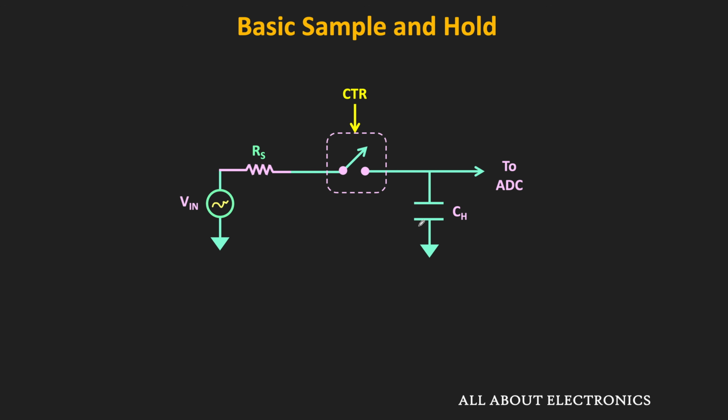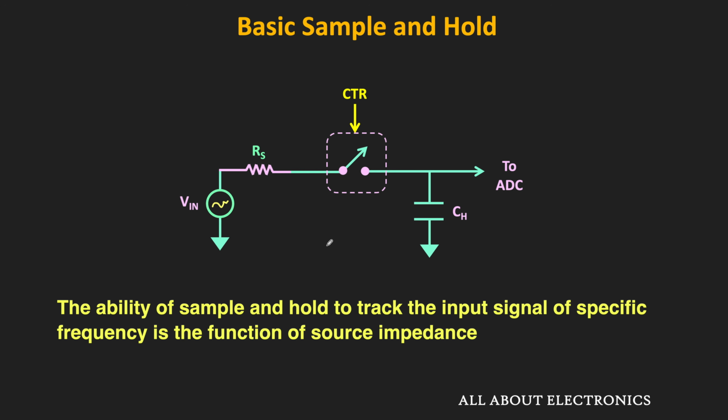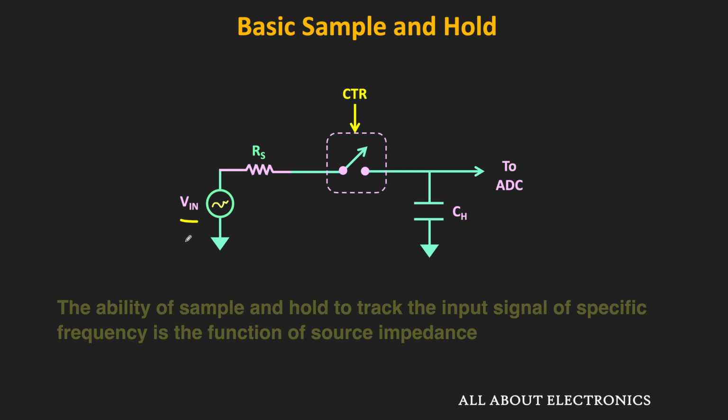With a fixed value of the hold capacitor, that depends on the source impedance of the input signal. For some input, if the source impedance is higher, then the RC time constant will increase. In that case, during the sample mode, this hold capacitor will not be able to track the input signal properly. That means how well the sample and hold is able to track the input signal depends on the source impedance of the input signal.